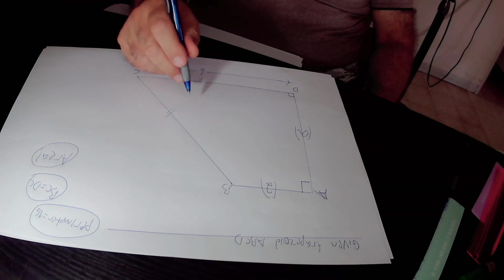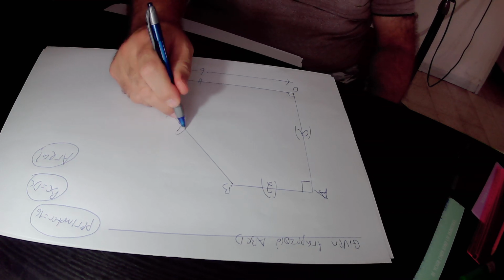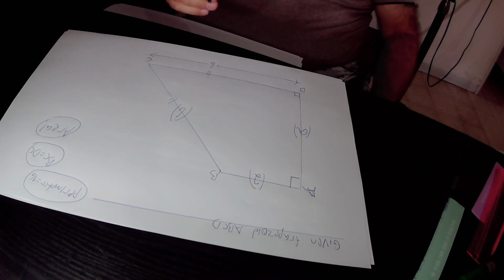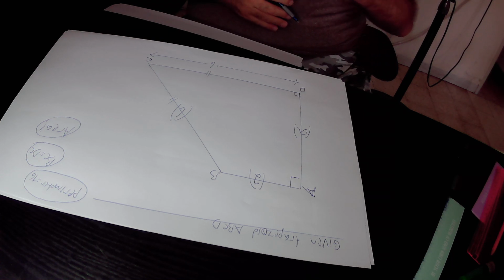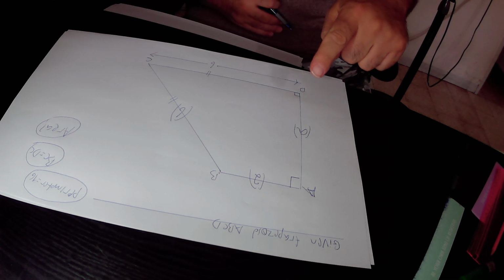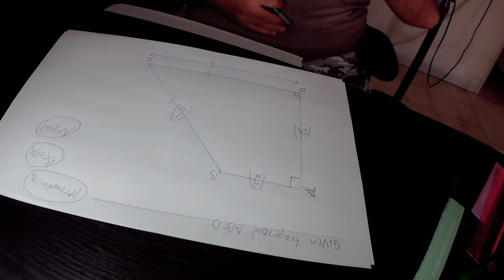So BC must also be equal to B. And the perimeter of this trapezoid ABCD is 16 units. That is to say, the sum of those four sides is 16 units.